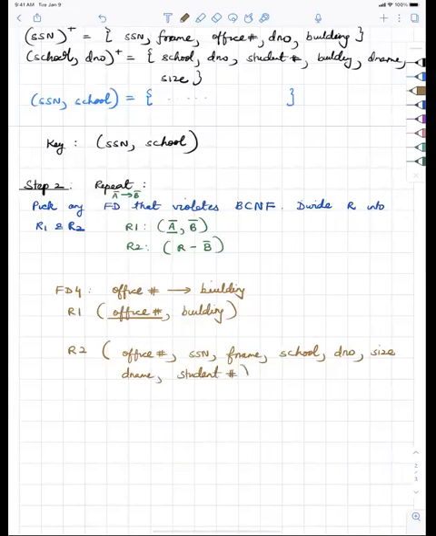Okay. So we have R1 and R2, and the key for this is social security number and school together. So these two are the key together.